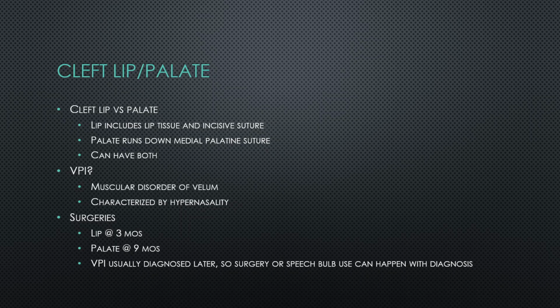VPI stands for velopharyngeal insufficiency. It's basically a muscular disorder of the velum. Sometimes people are born without these muscles, or they don't work correctly, and that is considered velopharyngeal insufficiency, or submucosal cleft palate. It's characterized by hypernasality. Hypernasality just means everything is nasalized because the velum can't close.